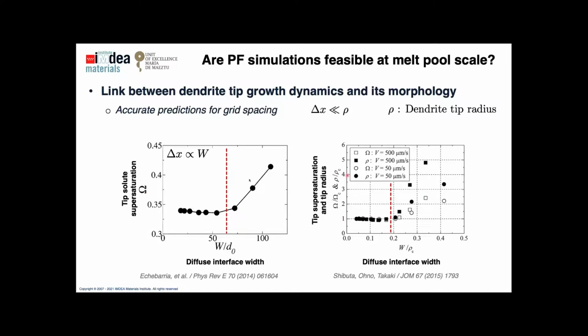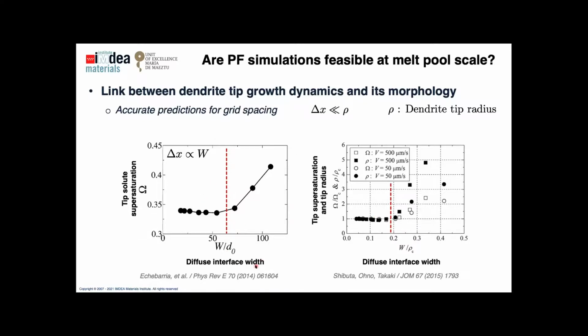And I have those two examples here that show some relevant quantity at steady state, like the tip solute supersaturation or the tip radius. As you increase the diffuse interface width, that scales like the grid spacing, and if you go up to a certain point, you remain fairly converged. But as you go up, you start diverging and having results that are not reliable anymore.